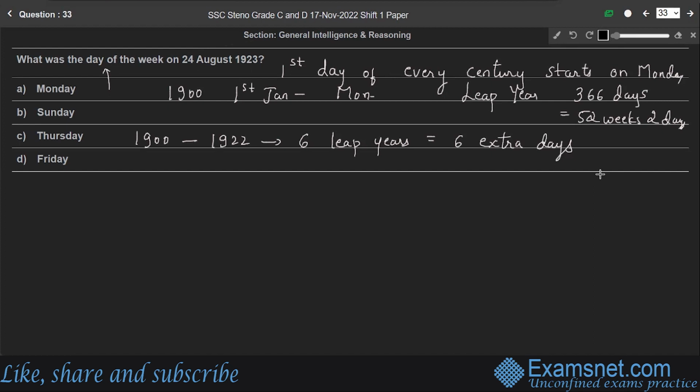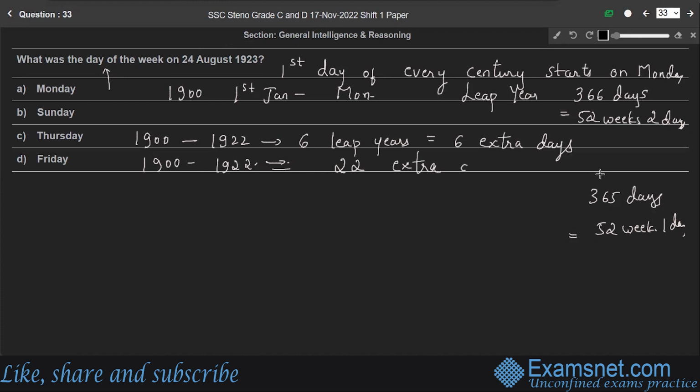And also from 1900 to 1922, in each year, if we take 1 extra day, that means 365 days make 52 weeks and 1 day, right? So from 1900 to 1922, there were 22 extra days.